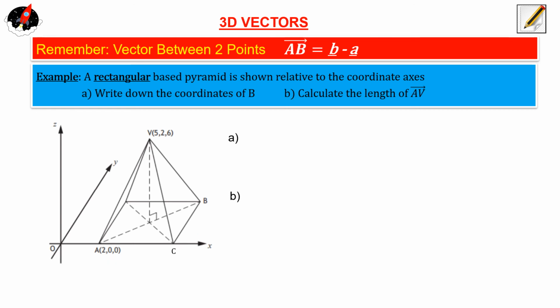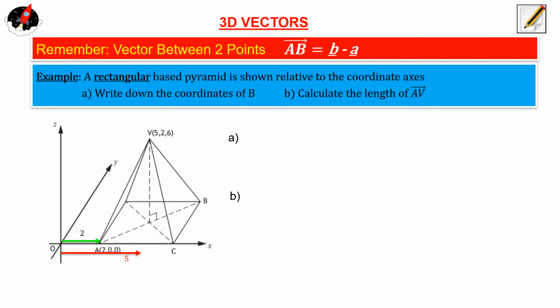Now we know from coordinate V that we need to go along 5 to get to the middle of the base of the pyramid. But we also know that the coordinate point A is 2, 0, 0, so to get from the origin to A, we need to go along 2.